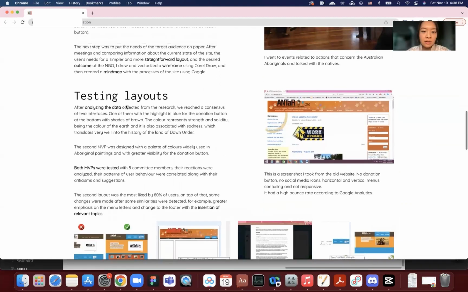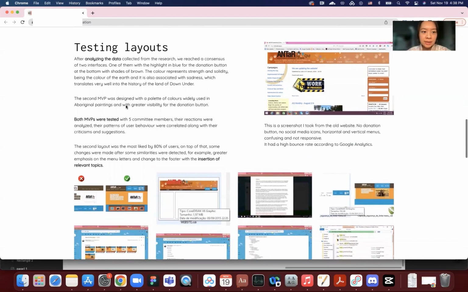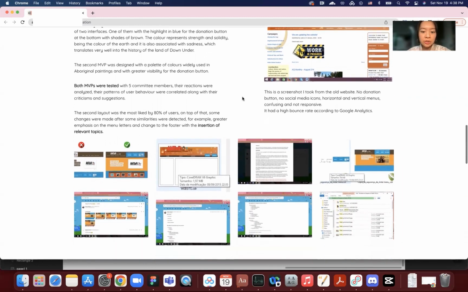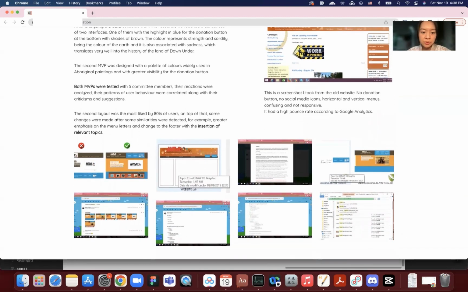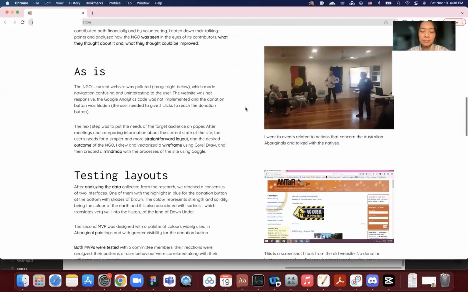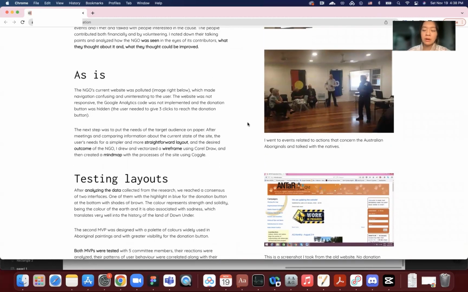Brilliant. Okay, moving forward to the next section, testing layouts. I think it's great that you are showing a lot of different explorations you did. In a lot of other people's case studies, something that I think is missing is that they don't really include the design exploration part. So they would jump directly from user research and then talk about what the final solution is.